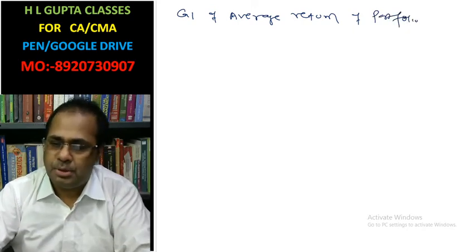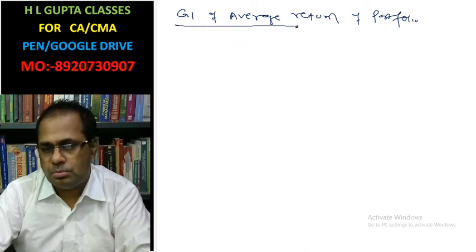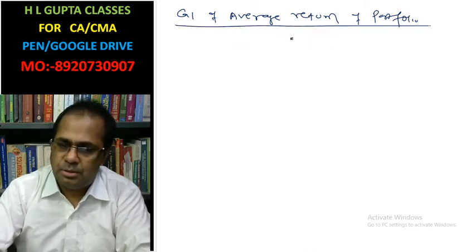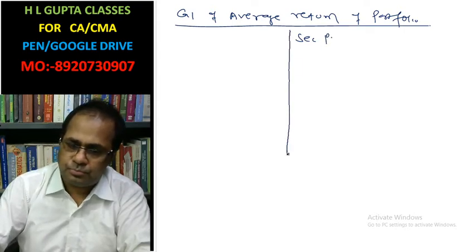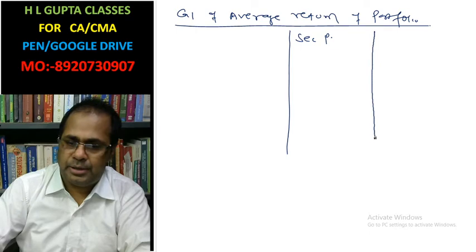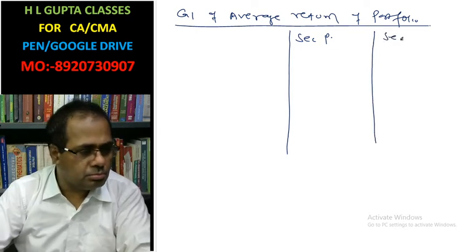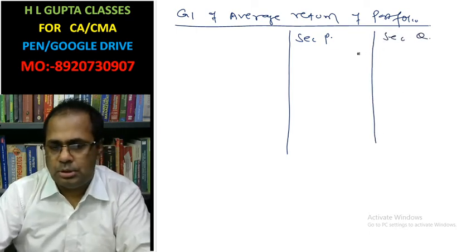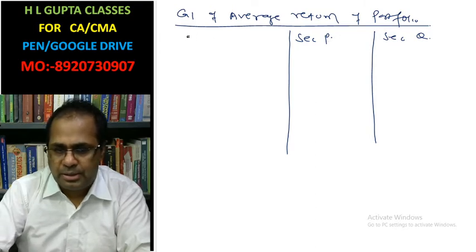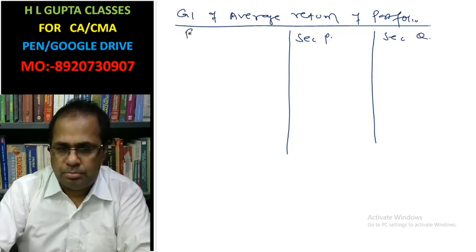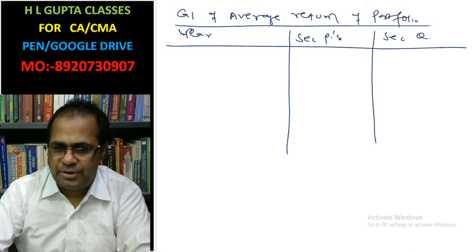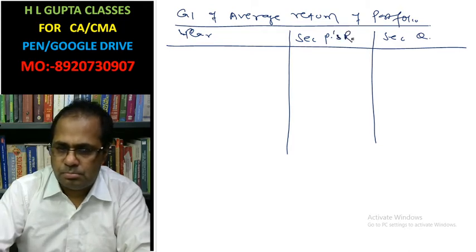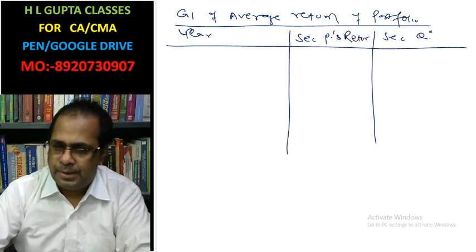First, you have security P, and you have security Q, and these are the given returns. This is the year, P return, Q return.